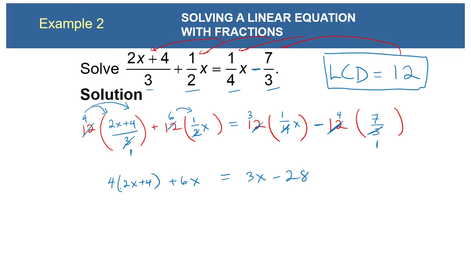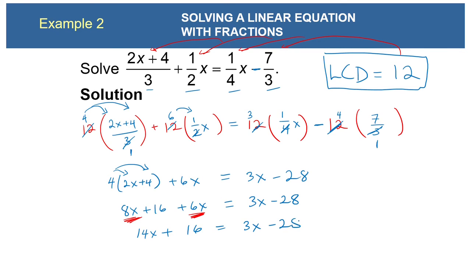Now I can distribute this 4 to the parentheses. We have 8x plus 16 plus 6x is equal to 3x minus 28. I want to collect like terms. Let's add the 8x and the 6x together. That gives us 14x plus 16 equals 3x minus 28.